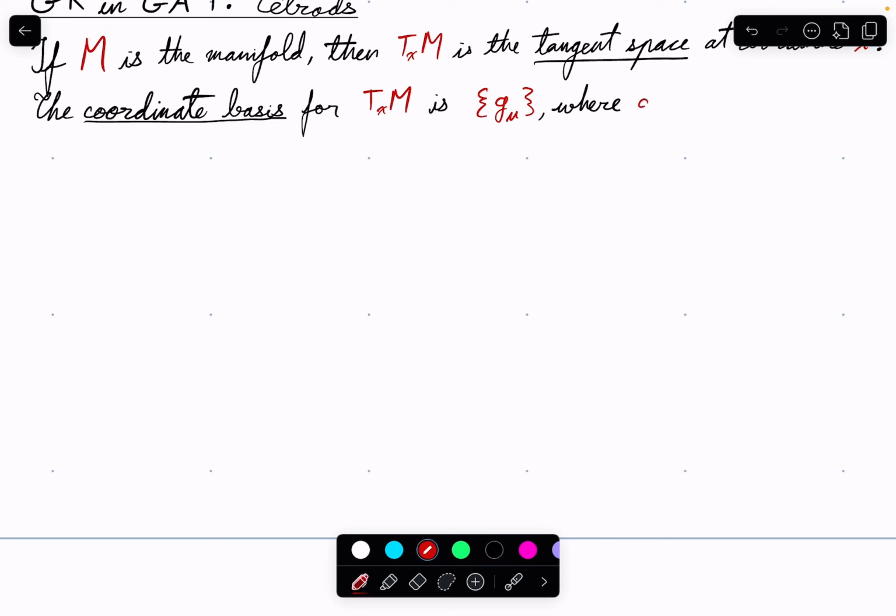The g_mu is defined as the derivative in the mu-th direction of the coordinate x. You can think of this coordinate x as being just the vector x in the spacetime algebra, and then you take the derivative in the mu direction, and you get g_mu.